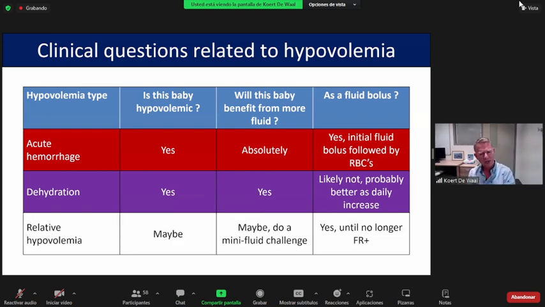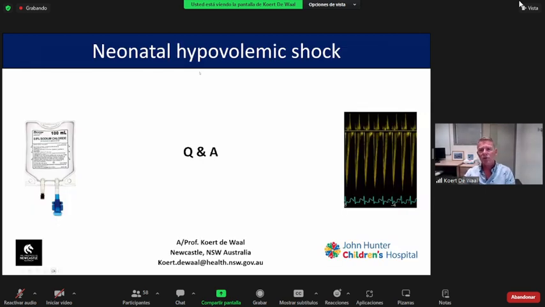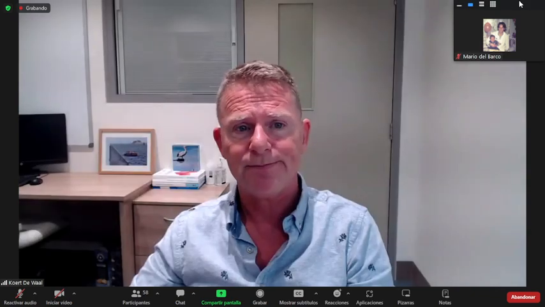And the last one, relative hypovolemia. Is this baby hypovolemic intravascularly? Maybe is actually the answer. Will this baby benefit from more fluid? Maybe. Do a mini fluid challenge. And if you then have a fluid bolus, I think that will work because you can build it up over time. All right. I will stop sharing and create some time for questions.